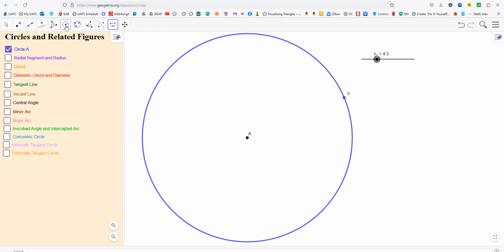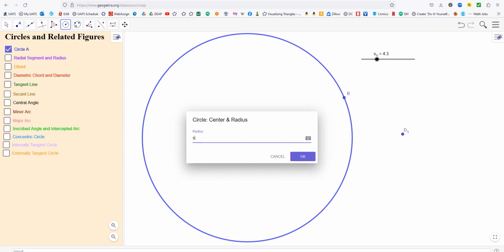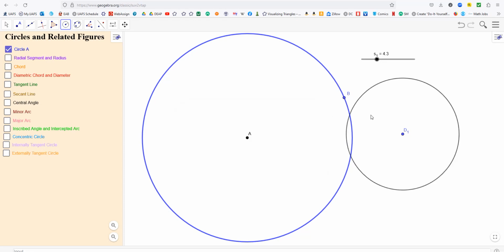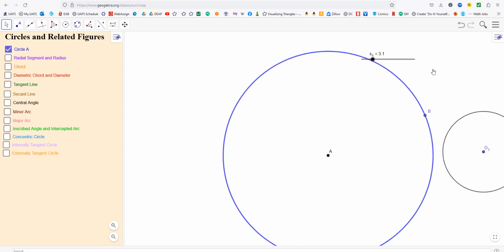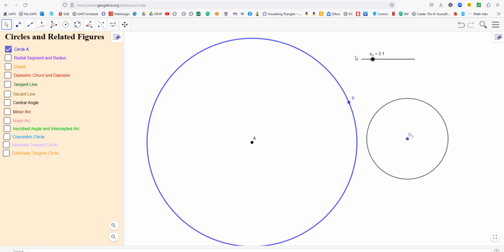Then I could go by circle with center and radius, click here, and then just say S sub 1 here, and now that radius is controlled by that slider.